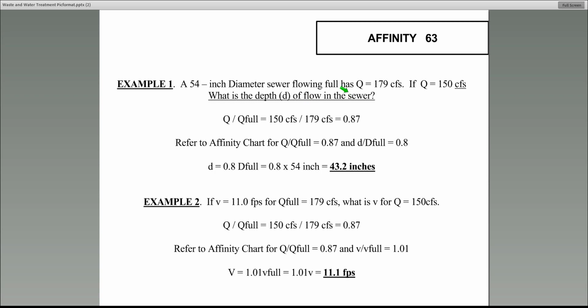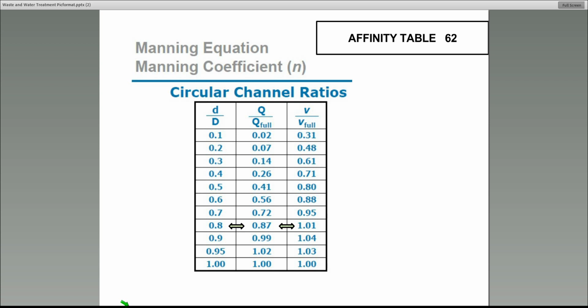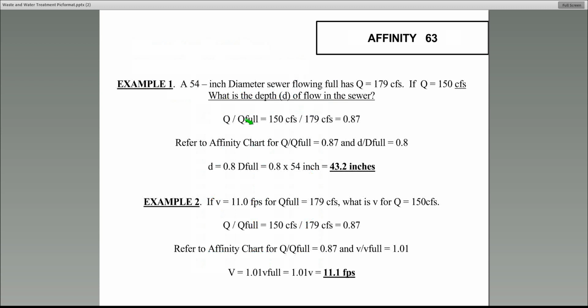Well, first of all, to use this table, when you're given the Q, you have to calculate the Q over Q full, Q partially full over Q full. So coming back here, the Q was 150, and flowing full it was 179, so the Q over Q full ratio was 0.87. Okay?